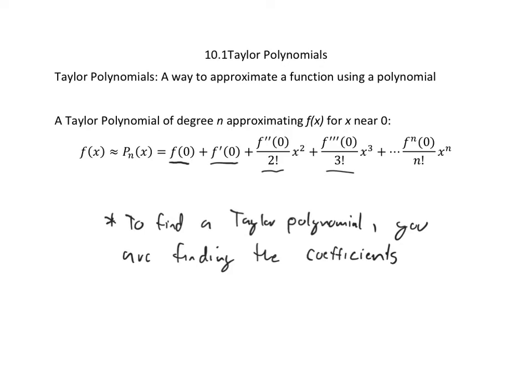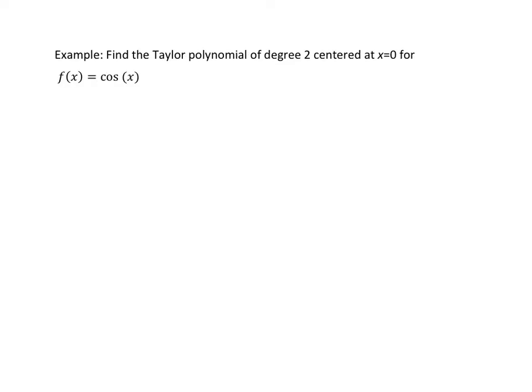So let's jump into it and start by finding a very simple Taylor polynomial. Let's say we wanted to find the Taylor polynomial of degree 2 centered at x equals 0 for f of x equals cosine of x.